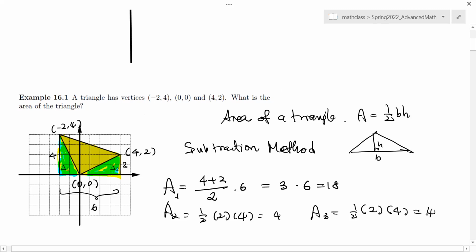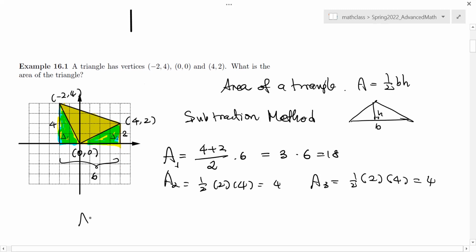So the area of the triangle is going to be the difference: subtract 4, another 4, from 18, and that's going to be 10. Okay, so this is how we find the area, using the subtraction method.